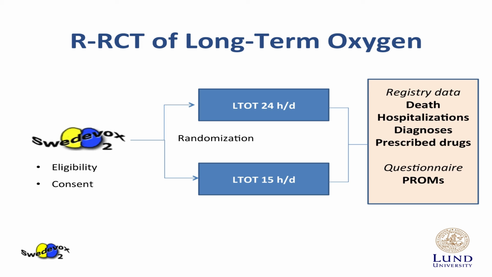And we know that about 90-95% of Swedish patients do that when they start treatment. So it's very broad inclusion criteria. And we collect the regular written consent at each site. And then they are randomized to 2 different daily durations of oxygen therapy.